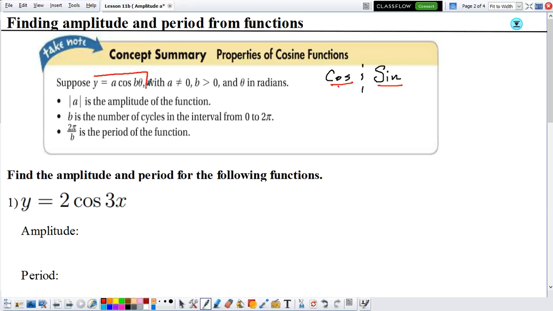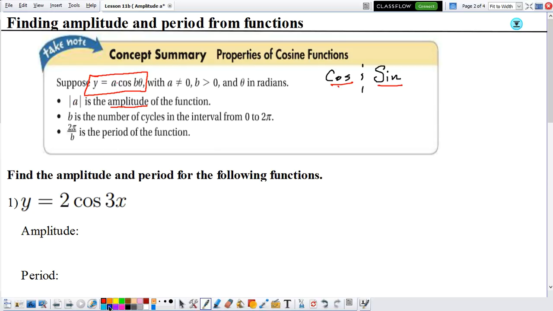Now again, here's a generic way to graph a cosine function. y equals some number times cosine of b theta. That number that is in front of the function is going to be our amplitude. And again, we have discussed that the amplitude is always positive, so that's why we put the absolute value next to it.